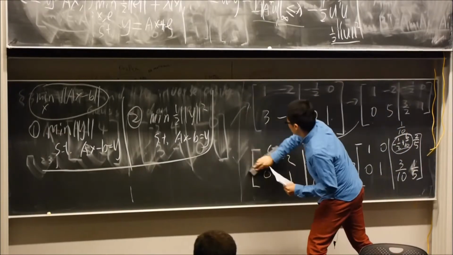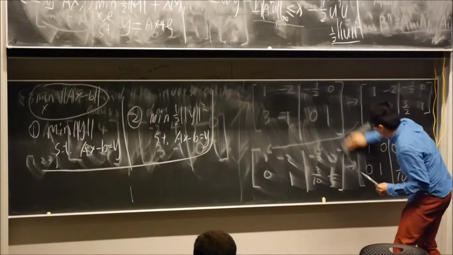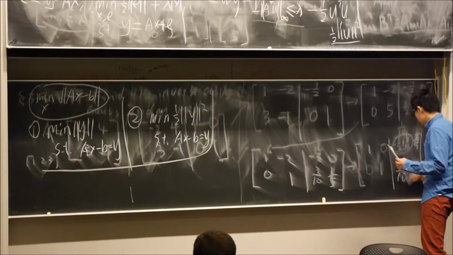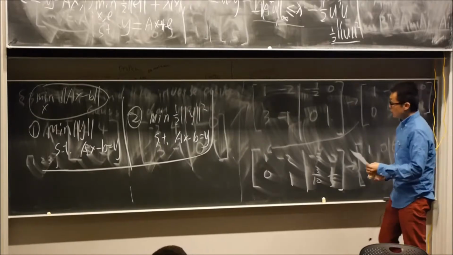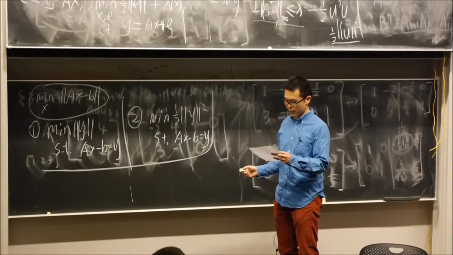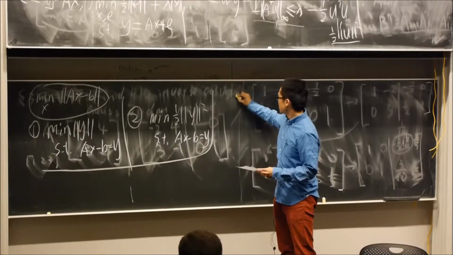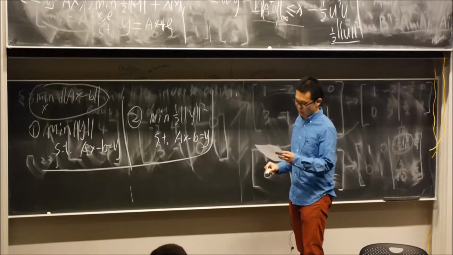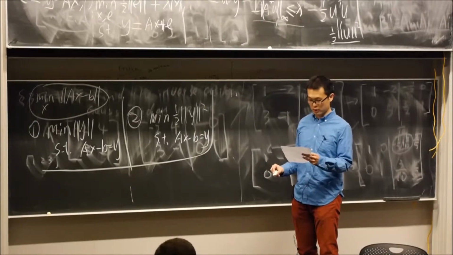So now I'm gonna give 2 examples on KKT conditions. So why do we need it? Why do we bother to write out the KKT conditions? The reason number 1 is that with KKT conditions, sometimes we don't even need to solve an optimization. We will have a closed form solution.